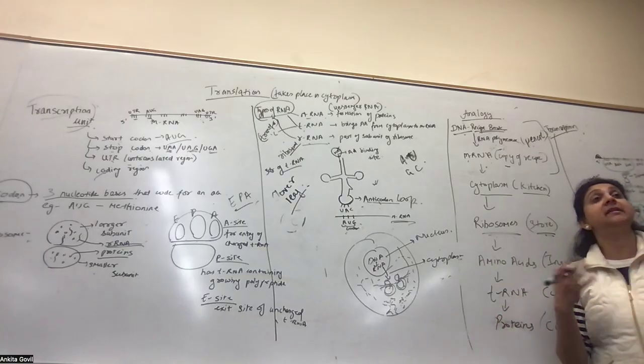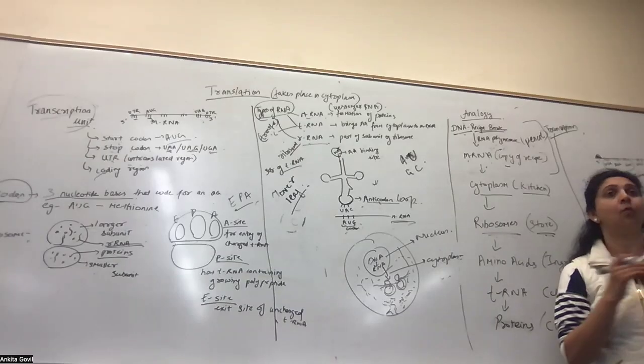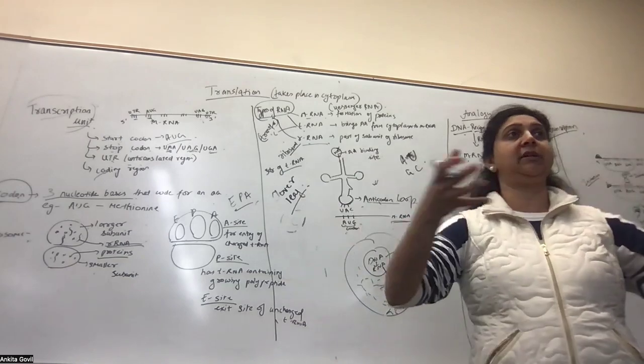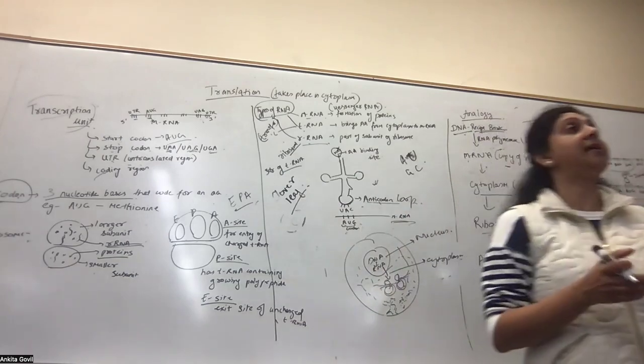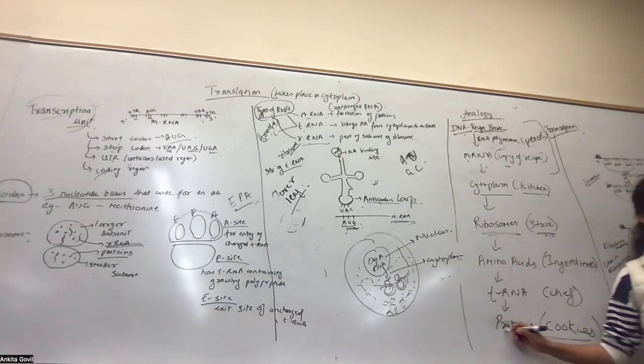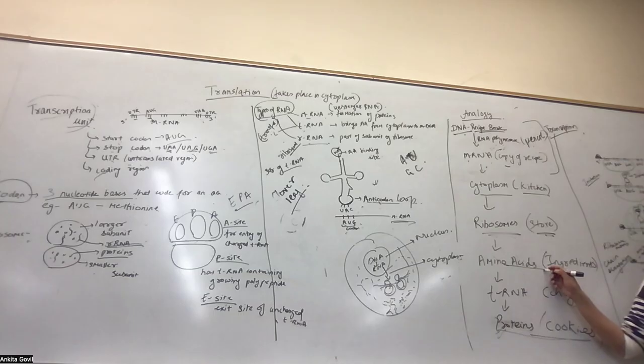And we need certain ingredients for making the cookies, right? When you go in the kitchen, you need to collect the ingredients. What are the ingredients for making the proteins? What is it made up of? Amino acids, right? So amino acids become the ingredients.